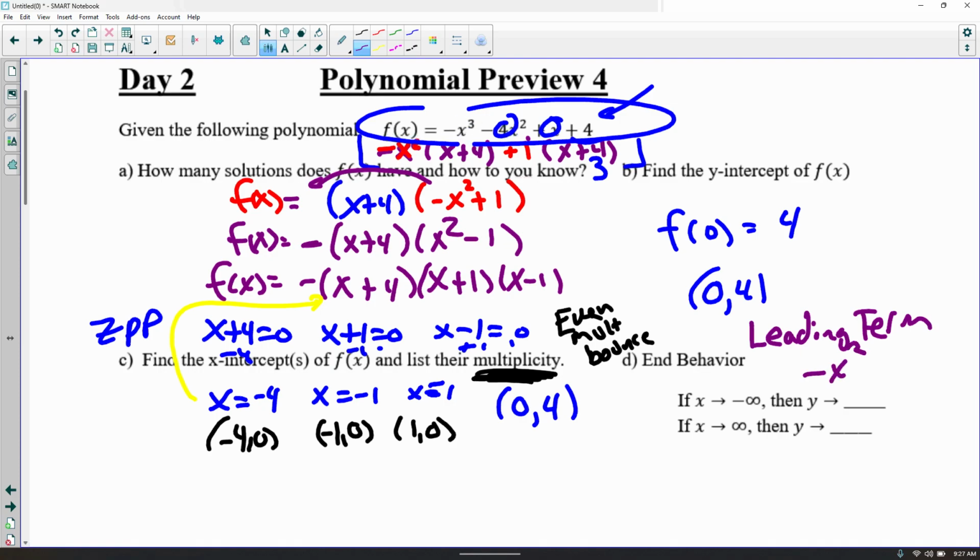Negative x cubed. And so we're going to plug in the negative infinity here. So I get negative, negative, negative, negative. 4 negatives give you a what? Positive. So as we go left, we go up. As we go right, we get negative, which means we're going down.